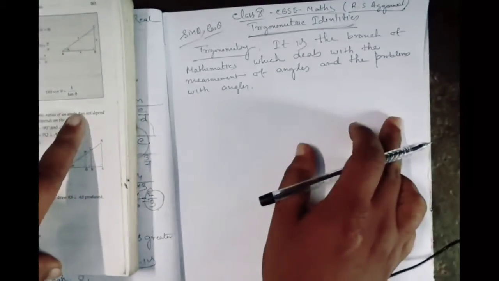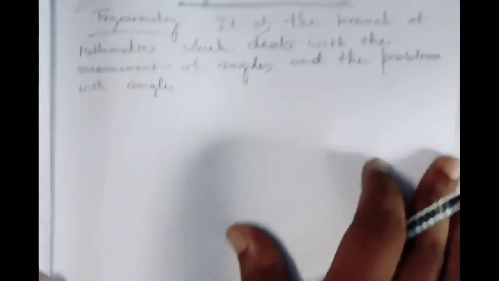Okay, now suppose we are going to take one right triangle.